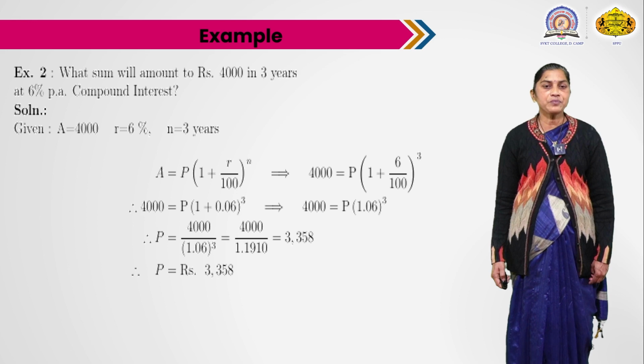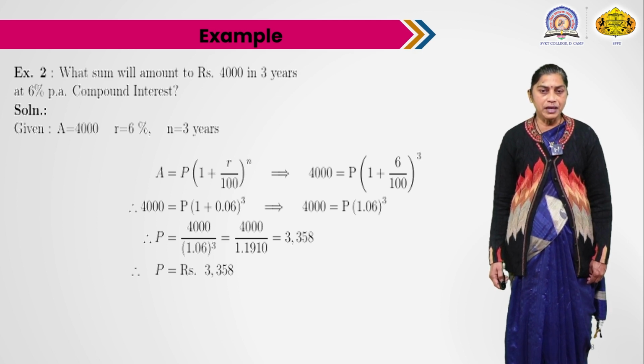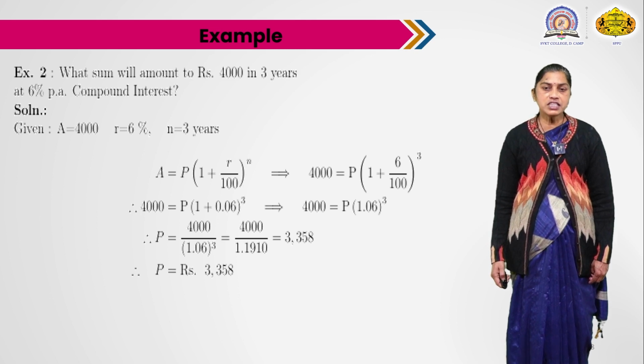Use the formula A is equal to P into bracket 1 plus R by 100 bracket raised to n. Put the values. A is given to be 4000. So, 4000 is equal to P into bracket 1 plus 6 by 100 raised to 3.